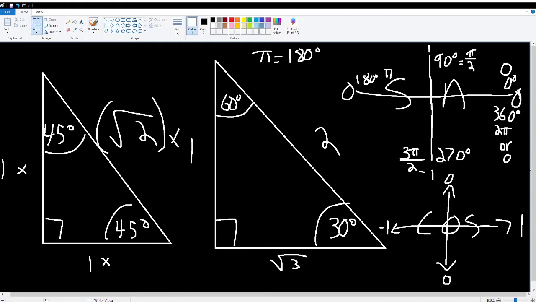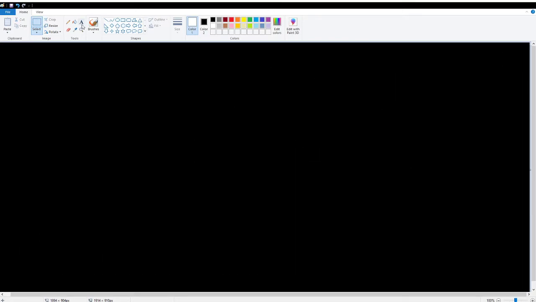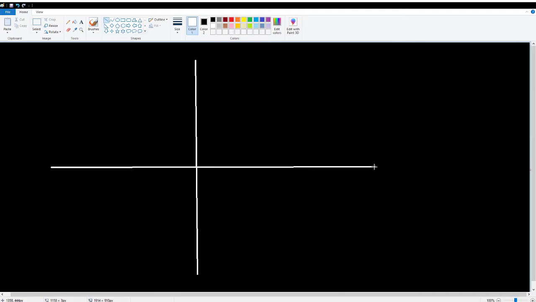So another tool that I use. So let me see if I can draw this out. Another thing you want to use is ASTC. When I learned it, it was all students take calculus.